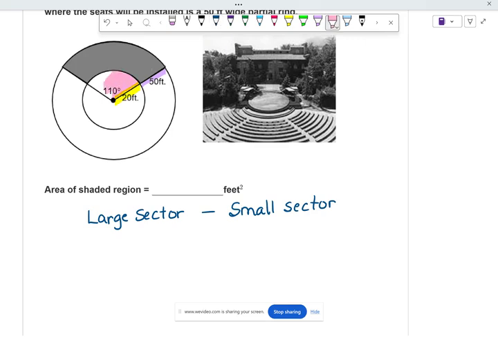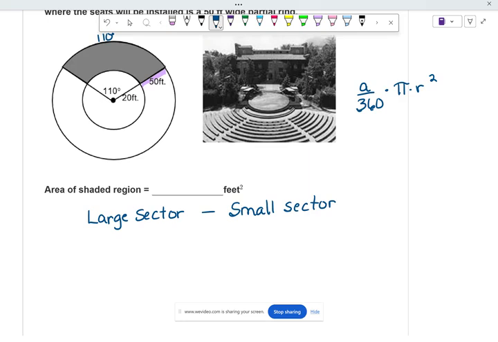It's if I had the whole entire slice of circle colored in, what would be the area of that green portion? Well, area is A over 360 times pi r squared. A is the measure of the central angle or the measure of the arc. Since the central angle is 110, I know that the arc for the larger sector is also going to measure 110.